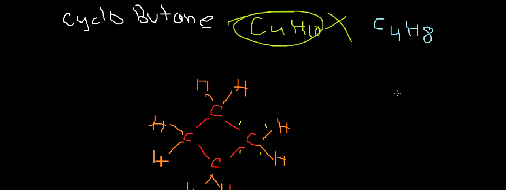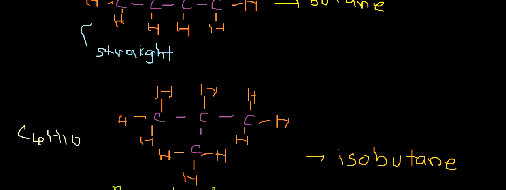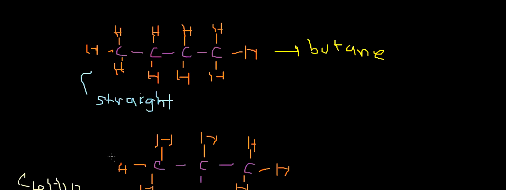However, in the straight chains and in isobutane, that is in the branched chains, the end atoms did not have another carbon atom. They had only one carbon atom they were forming bonds with, and so each needed another hydrogen atom to satisfy its tetravalency. Carbon has tetravalency, which is equal to 4.